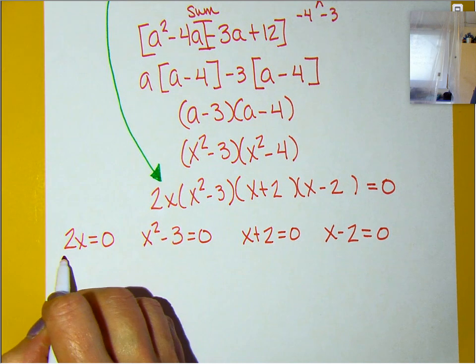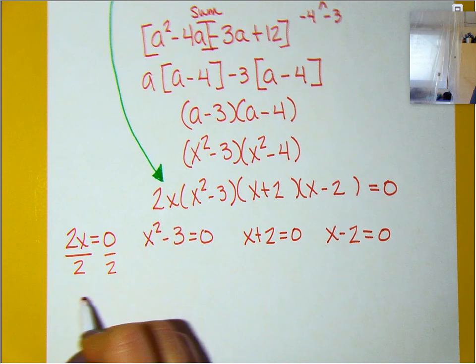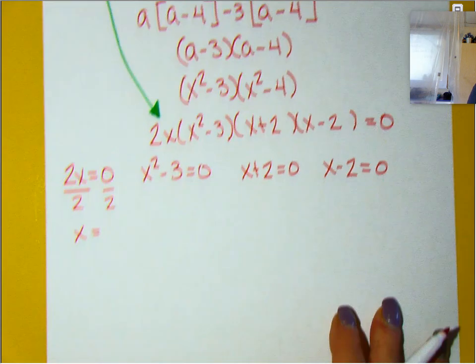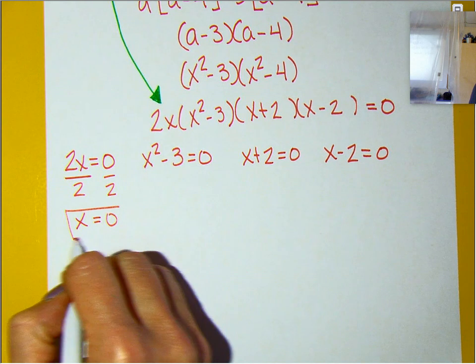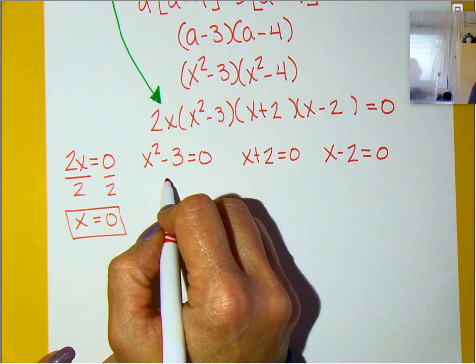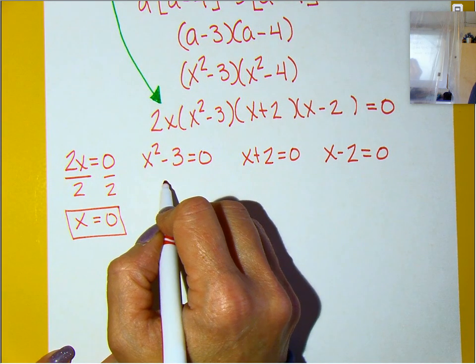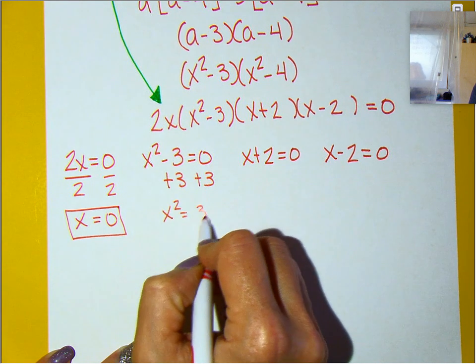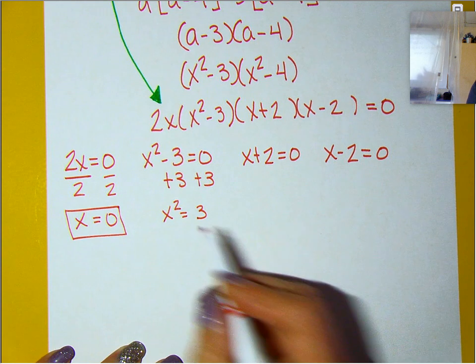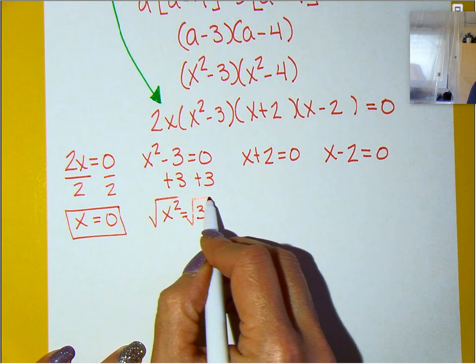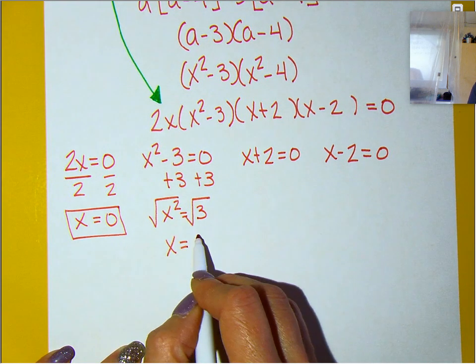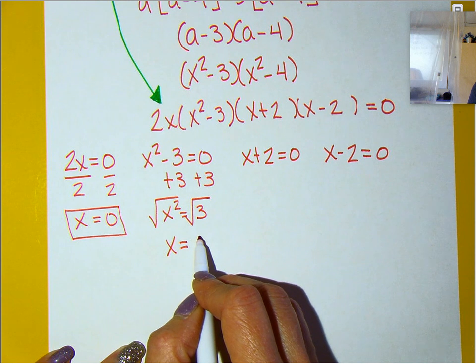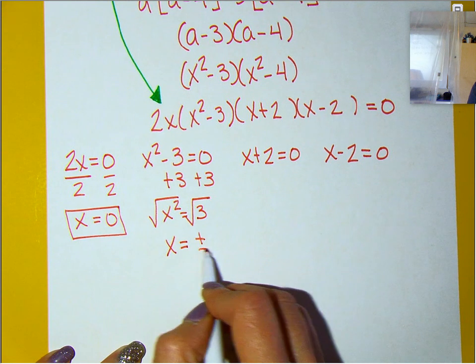So 2x, we're going to have to divide by 2. X is what? 0. This one, what are we going to do? Add 3. So x squared is equal to 3, and then root both sides. So x is equal to, perfect.